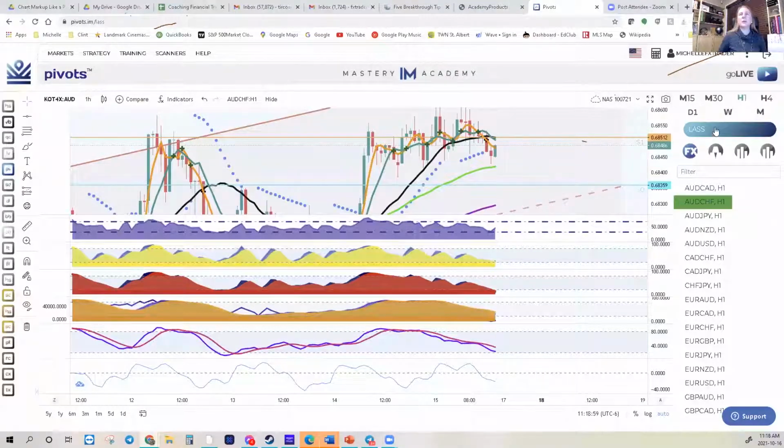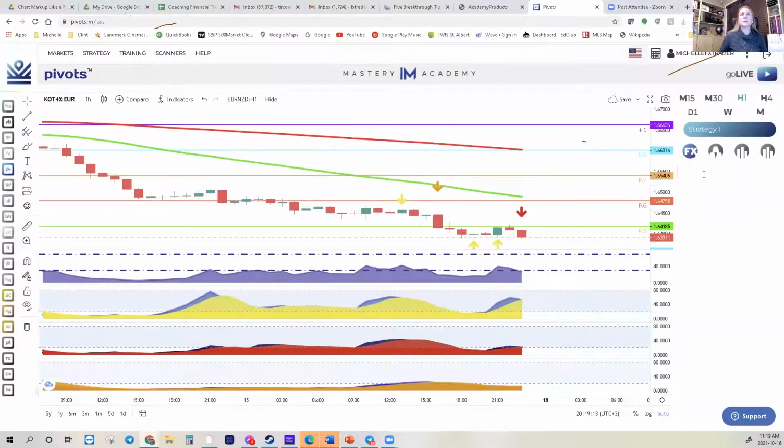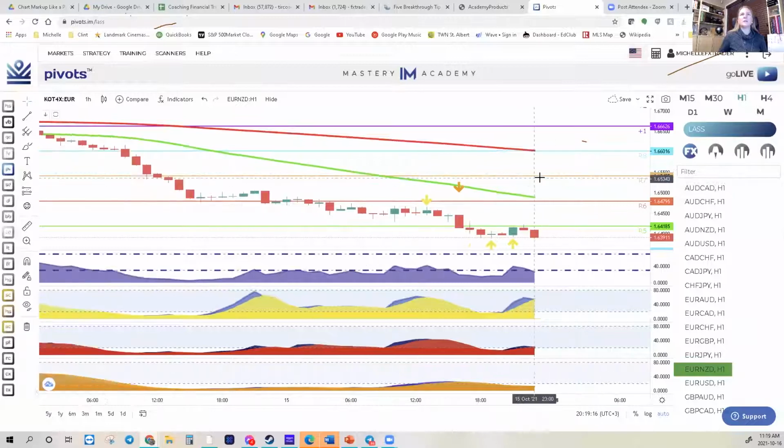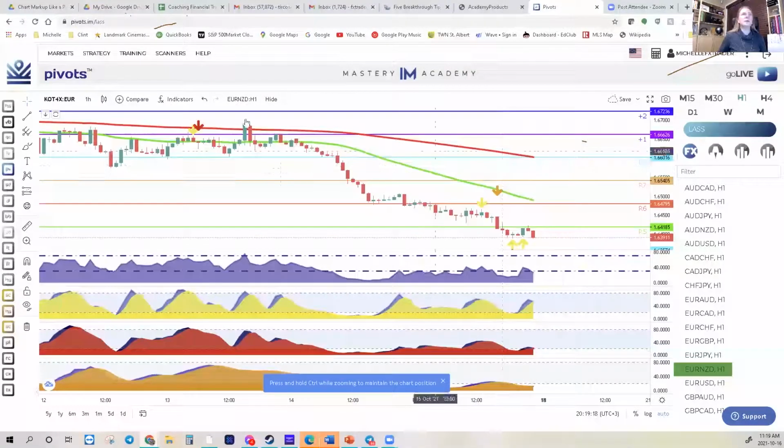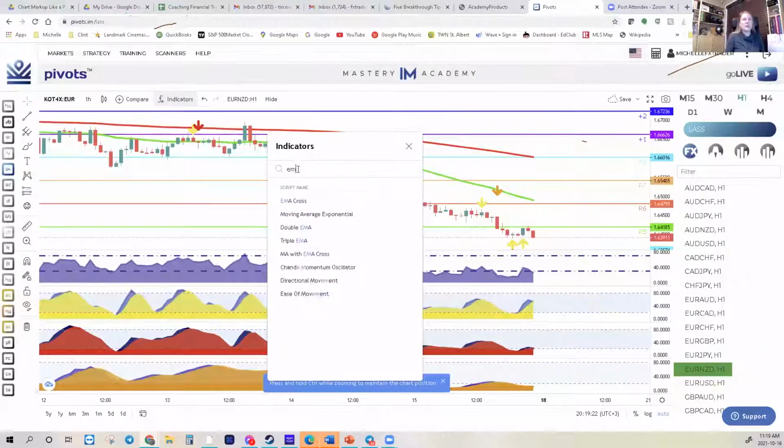I'm just going to open up a brand new chart, so let me just save this here. Okay, so if I wanted to add some MAs here, I'm going to go to indicator and type in, let's say EMA as an example, exponential moving average.